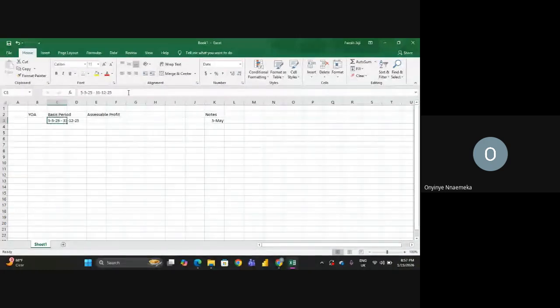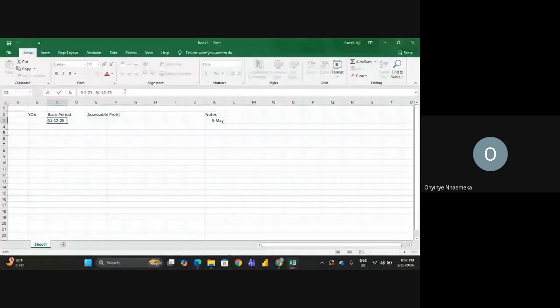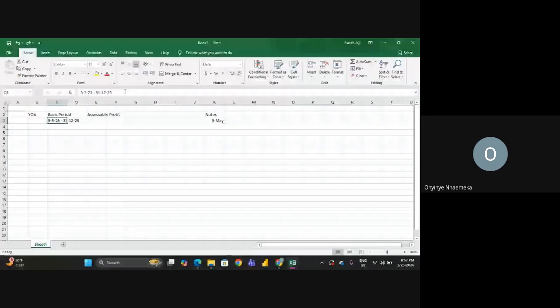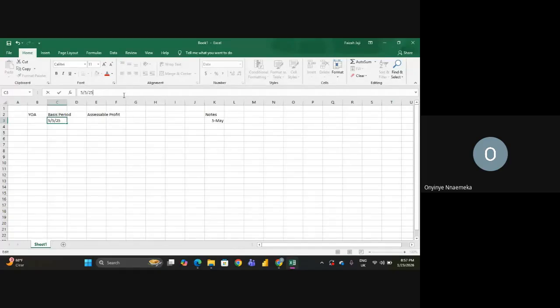Okay, because I have two dates. I'm not supposed to have two dates in a single cell, so you can merge it. I will just put it here. Let me insert a cell.